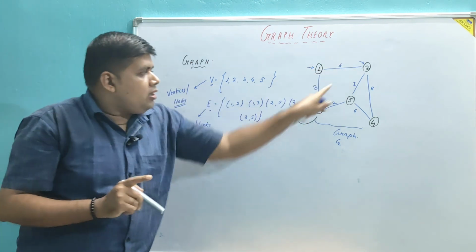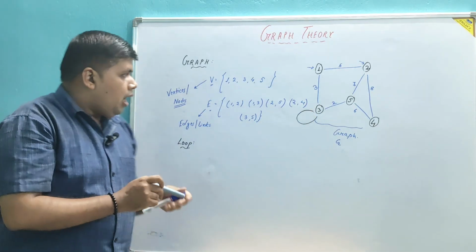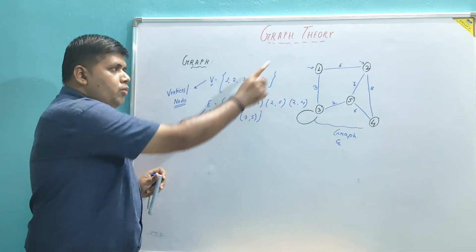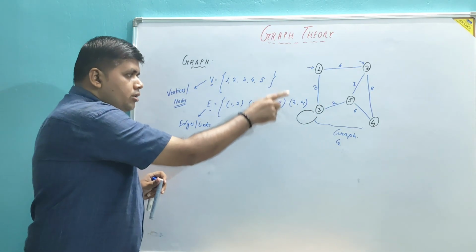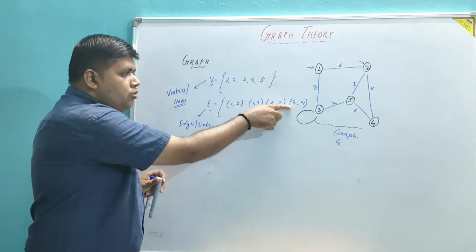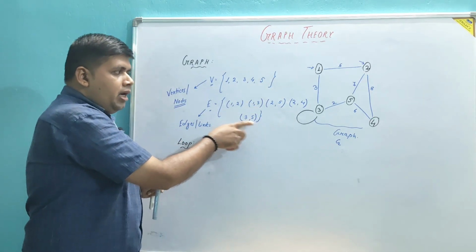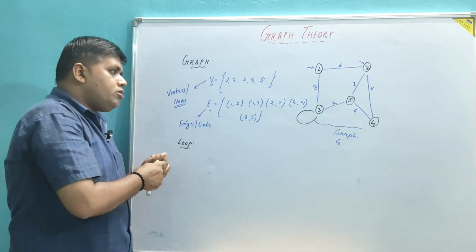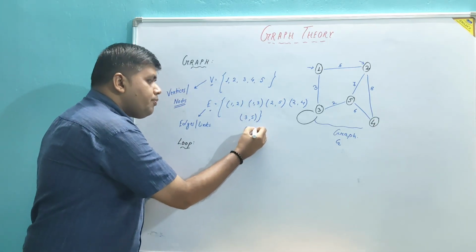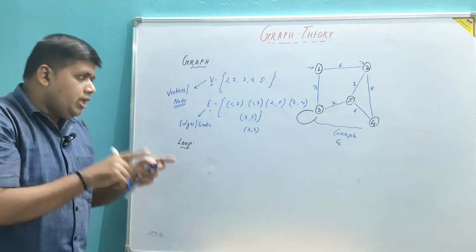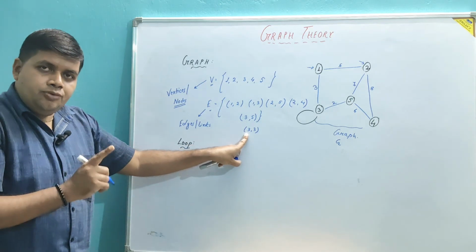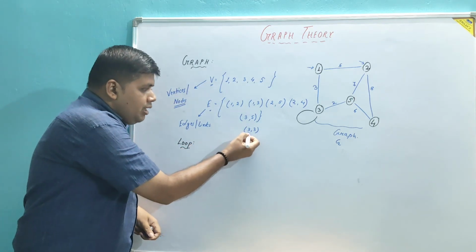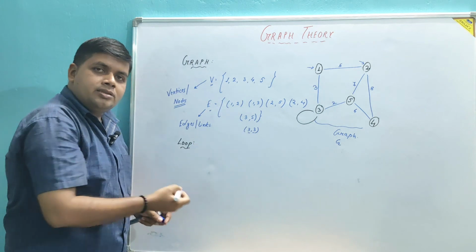If we have to define all the other edges excluding this, how can we define? It is 1,2; 1,3; 2,5; 2,4; 3,5. However, if this is also there, then along with all this, we will also have to write 3,3. That means we have an edge in which the starting and ending vertex is the same.